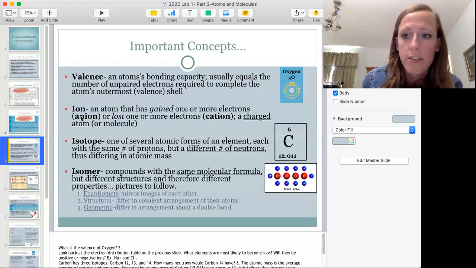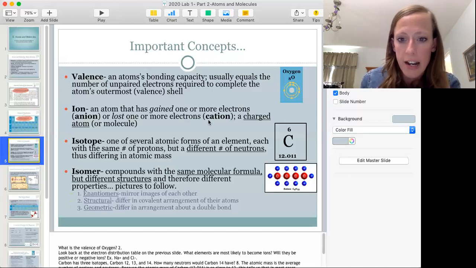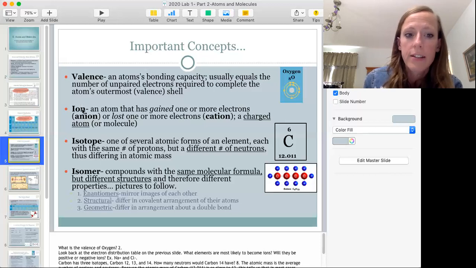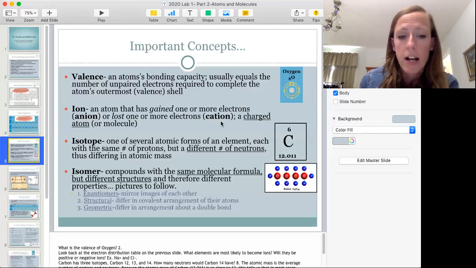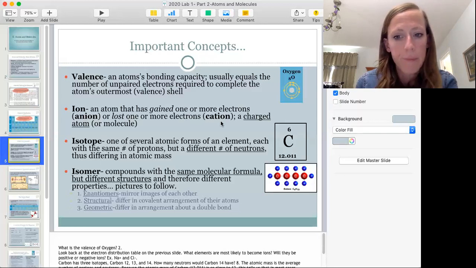And we refer to those as anions. And then if they lost 1 or more electrons, they're going to have a more positive charge associated with them. And we refer to those as cations. Okay, so it's going to be charged in one way or the other, an ion. Specifically, if it's a negatively charged ion, it's going to be an anion. If it's a positively charged ion, it's a cation. Okay.